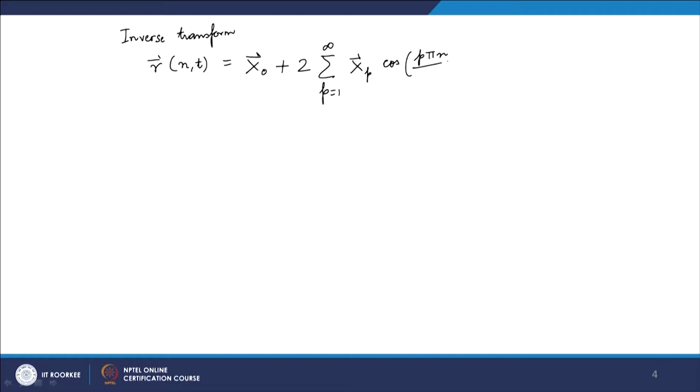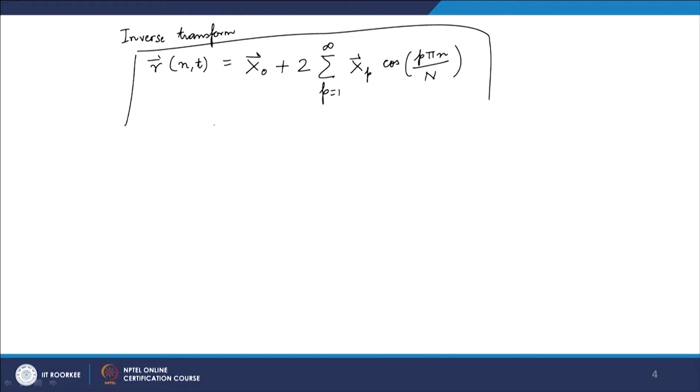So, essentially if I want to get r, this would simply be x0 plus twice the sum from p equal to 1 to infinity of xp cos of p pi n by capital N.